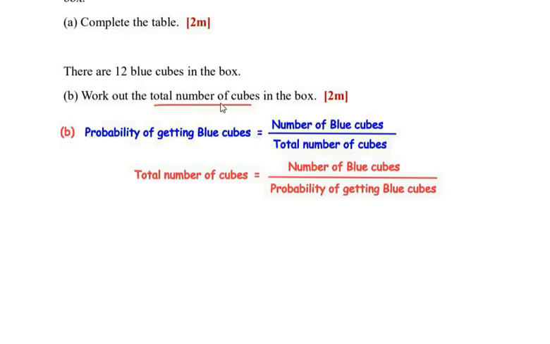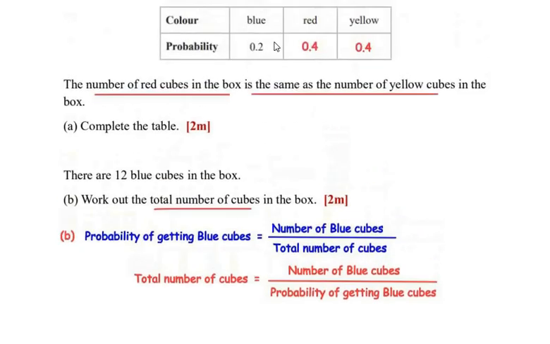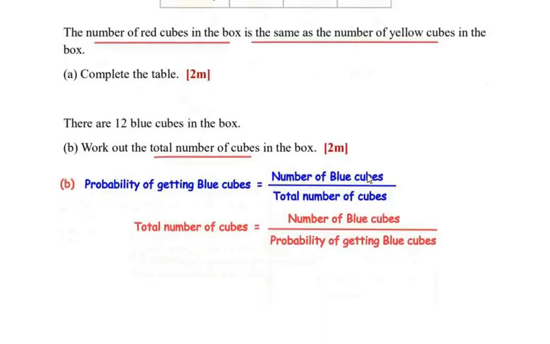Now here, since we need to find out the total number of cubes, we have exchanged the places of these two, giving us total number of cubes is equal to number of blue cubes, that is 12 in this case, divided by the probability of getting a blue cube, and that is given as 0.2. So let us divide 12 by 0.2 now.